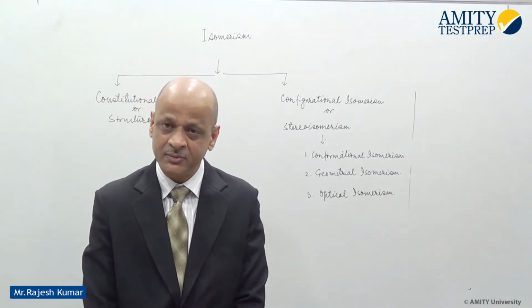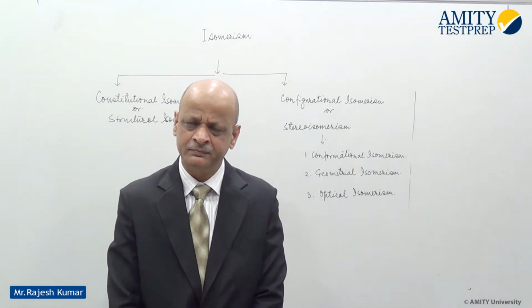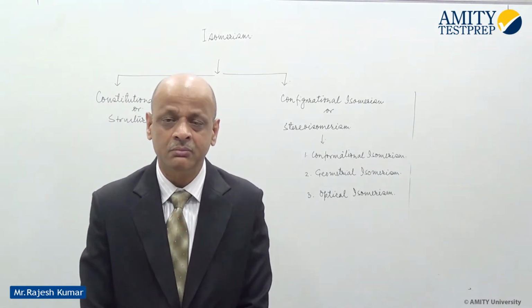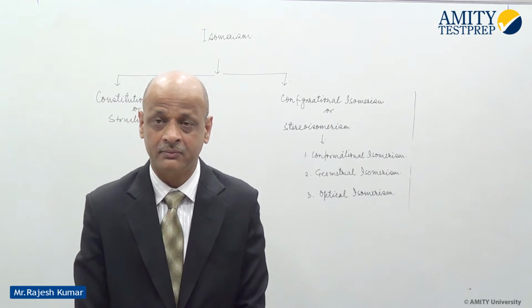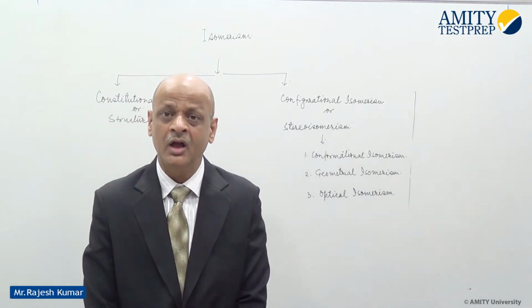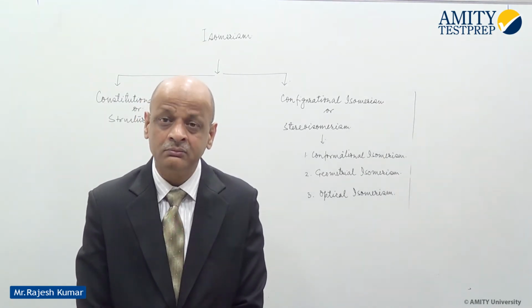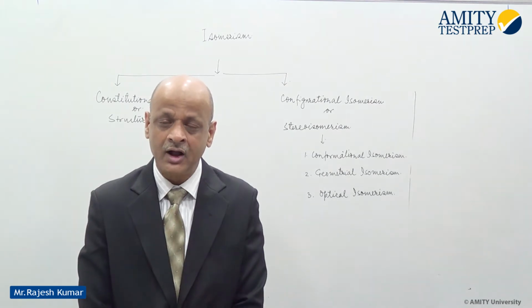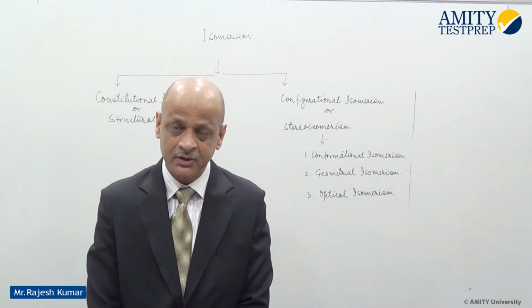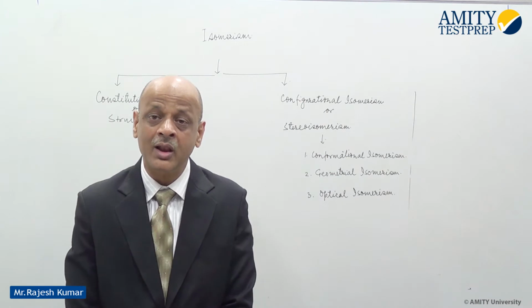In this type of isomerism, there is no change in bond length because they are in equilibrium. One form may be less stable, another form may be more stable. The less stable form is called labile form.